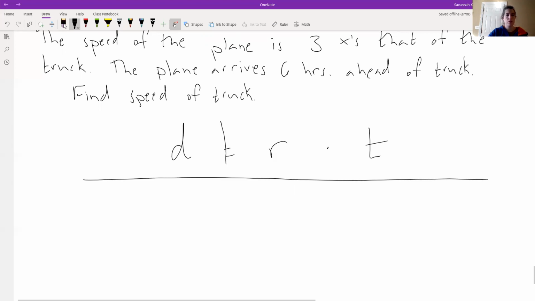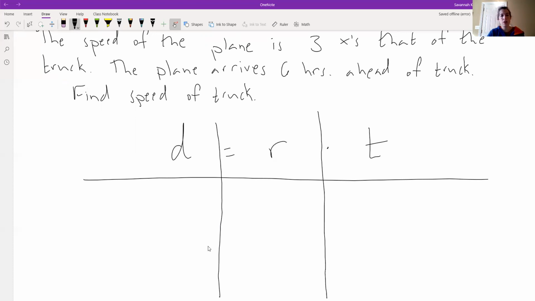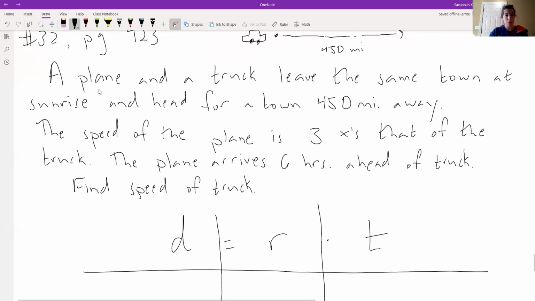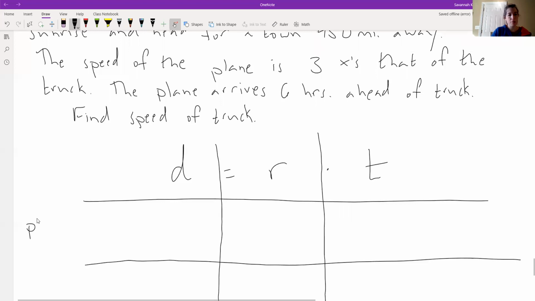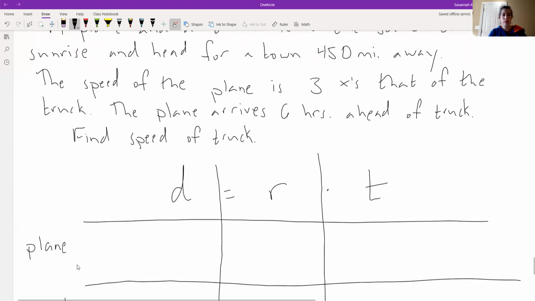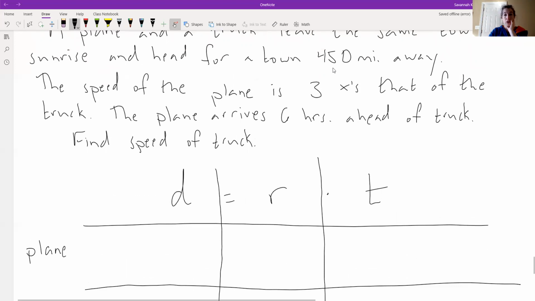Oops, I'm going to see where to draw my line, and then we've got 2 things going on here. Which one do they mention first? Because I literally go with the first thing my eyes light upon is a plane, so I'm going to put that first. And then the second thing is the truck. Okay, now I know that the distance for both the plane and the truck has to be 450 miles.